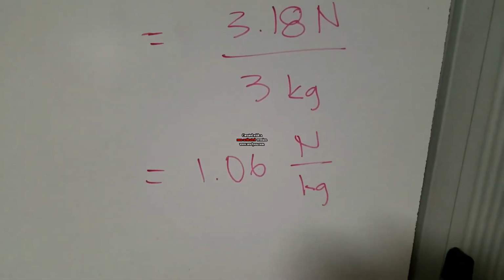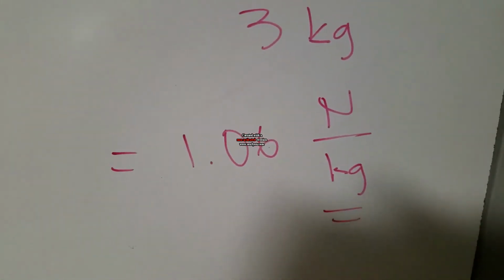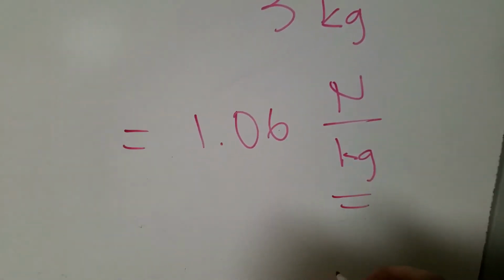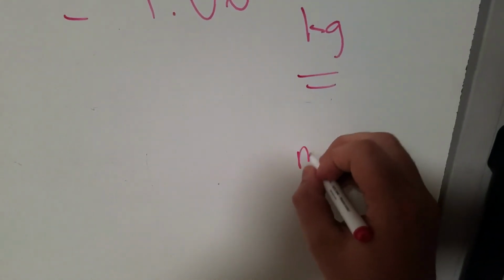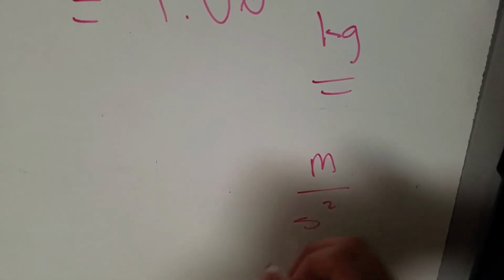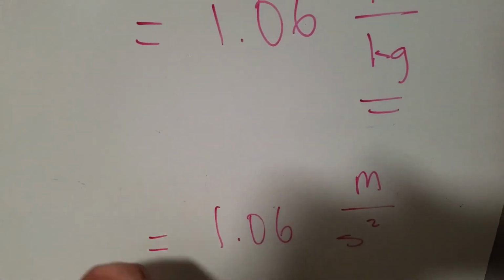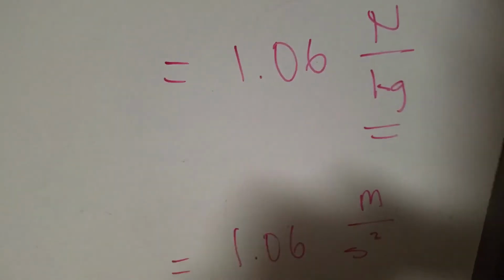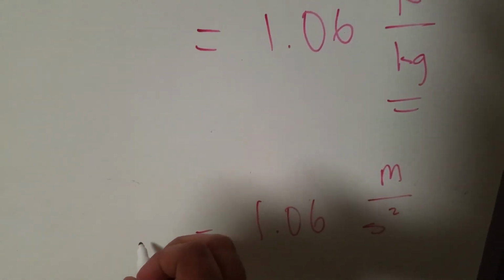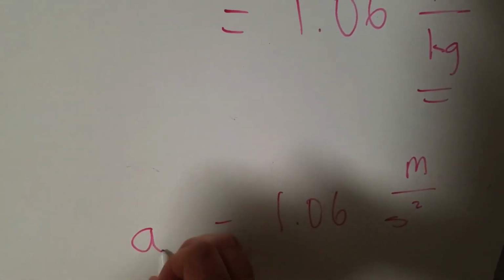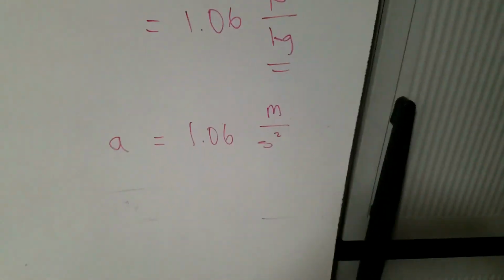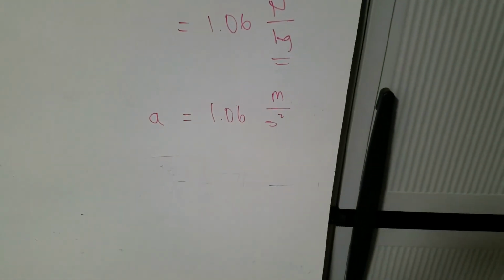Now, newtons per kilogram, this unit here, is just the same thing as meters per second squared. And so that will be the acceleration of an object with constant mass given the push force of 12 newtons. And that is our final answer for acceleration.